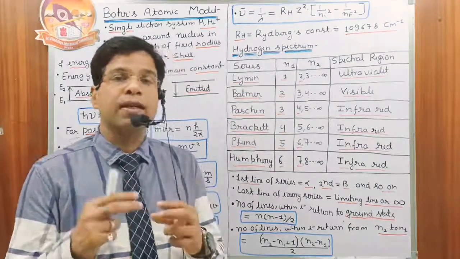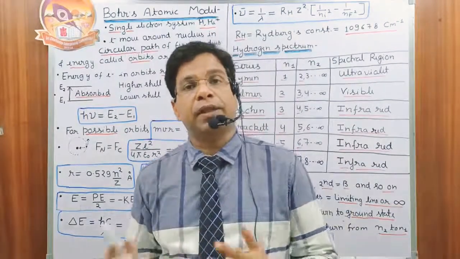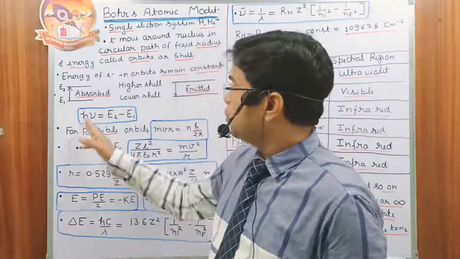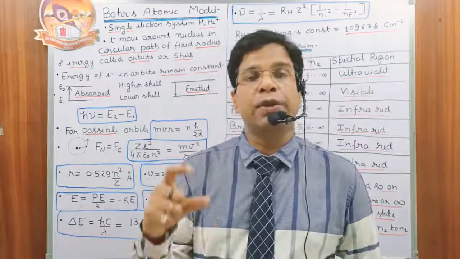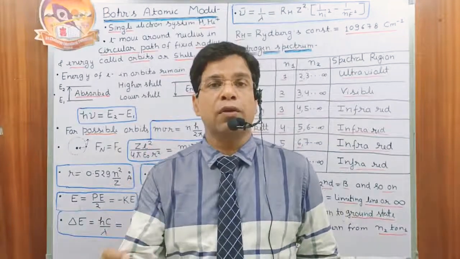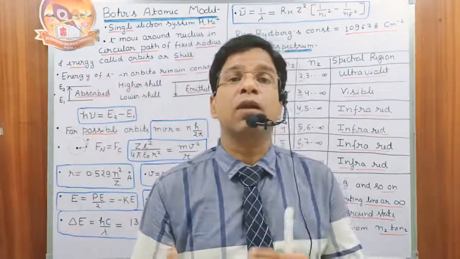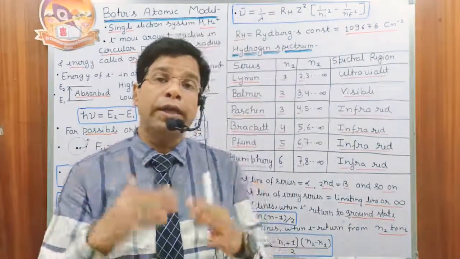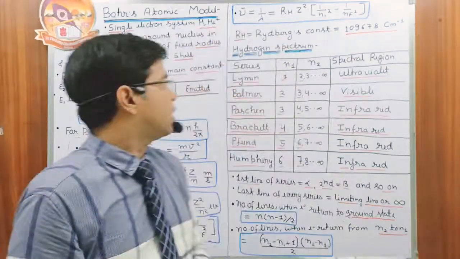So what is the energy difference between two energy shells? That can be given by h nu is equal to E2 minus E1. This h nu is exactly the photon which is required for the excitation of the electron from the lower shell to the higher shell, or de-excitation of the electron from the higher shell to the lower shell.